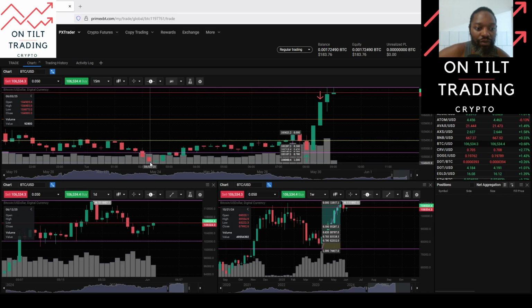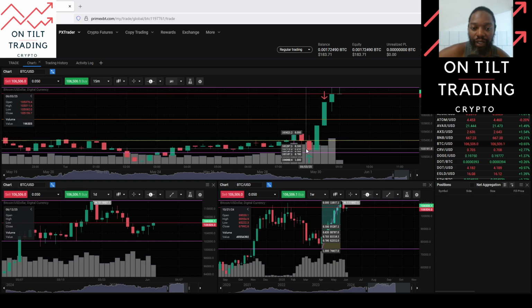Normally I will look for an order block, which would be here, but this order block did not initiate the market structure shift, even though this candle does tap into the order block.